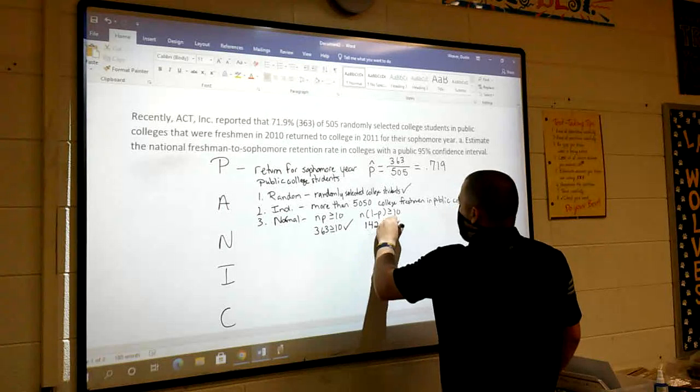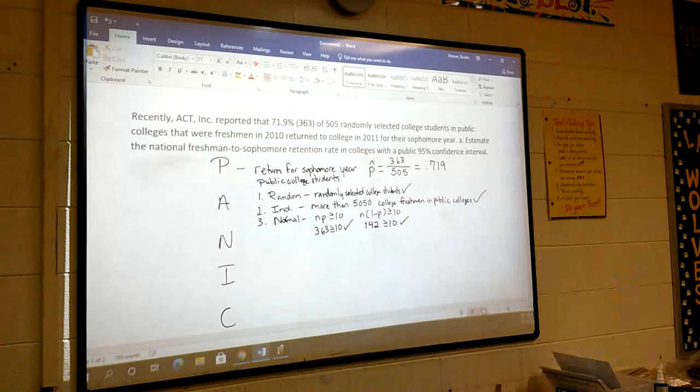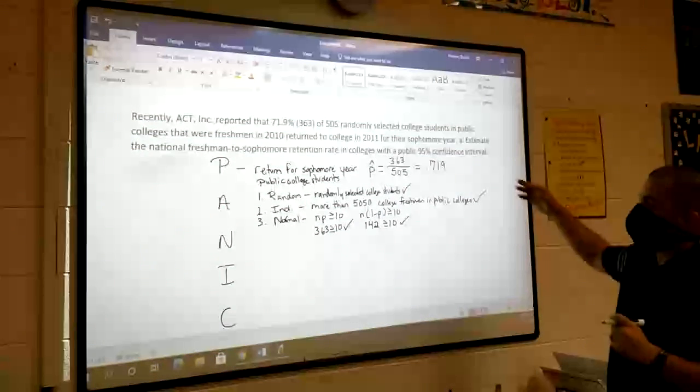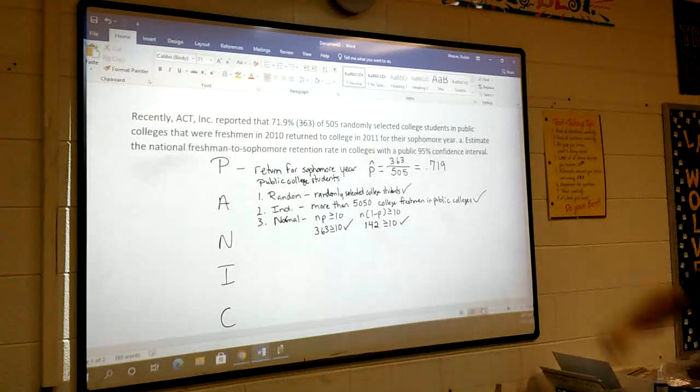So, check. We got the 3 assumptions. It is random because there were randomly selected college students. It is independent because now we know the population's at least 10 times the size of our sample, and it is normal by a long shot. Those were much greater than 10.